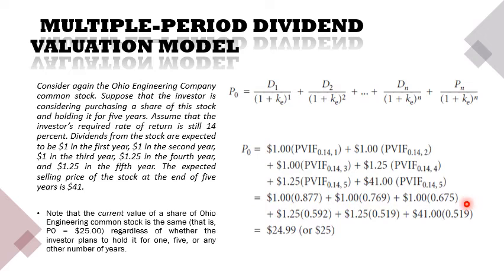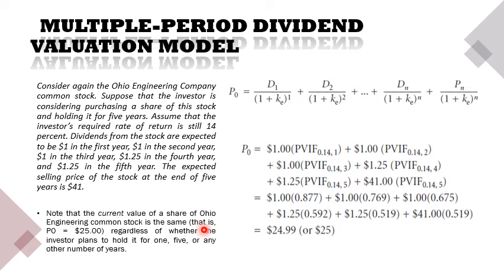So this will be the calculation: 0.877 for the first year present value, for the second year 0.769, third year 0.675, fourth year 0.592, fifth year 0.519. And for the fifth year, the same 0.519 multiplied by $41. And we will get the same answer of $25, or 24.99.